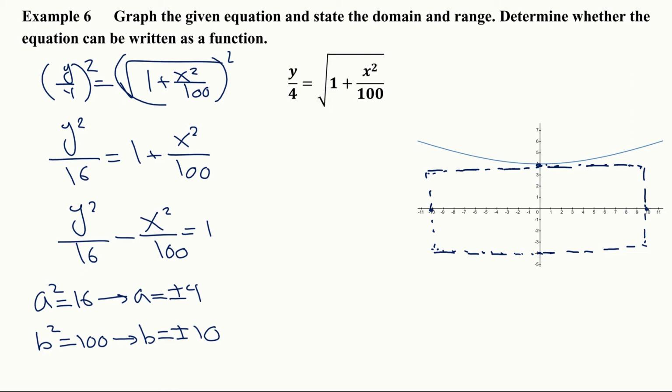All right. Now we're going to go ahead and draw the asymptotes. So everything we would have done to draw the whole hyperbola, we would do. The only difference being that we're not actually drawing the whole hyperbola, right?